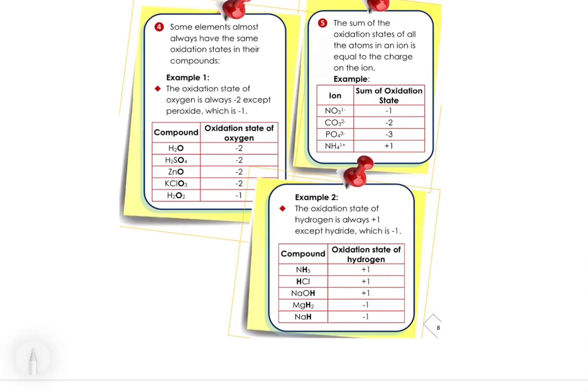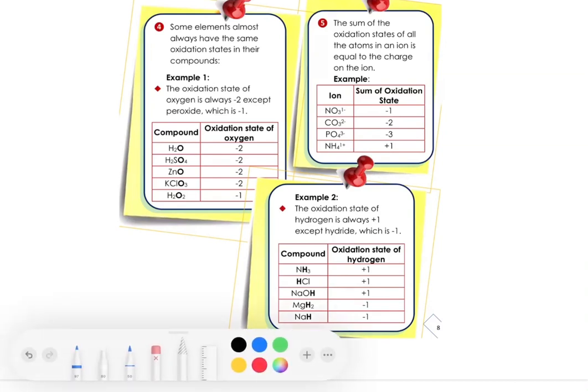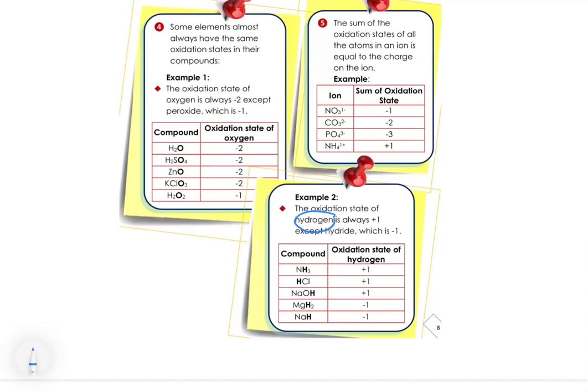Moving on to rule number 4. Some elements almost always have the same oxidation states in their compounds. This is especially true for hydrogen and oxygen.